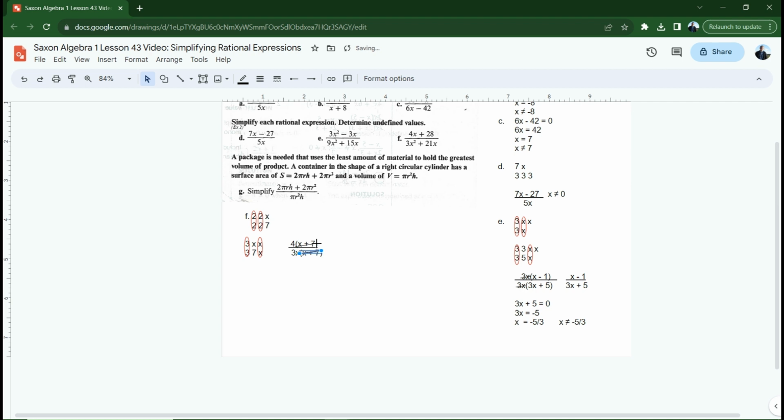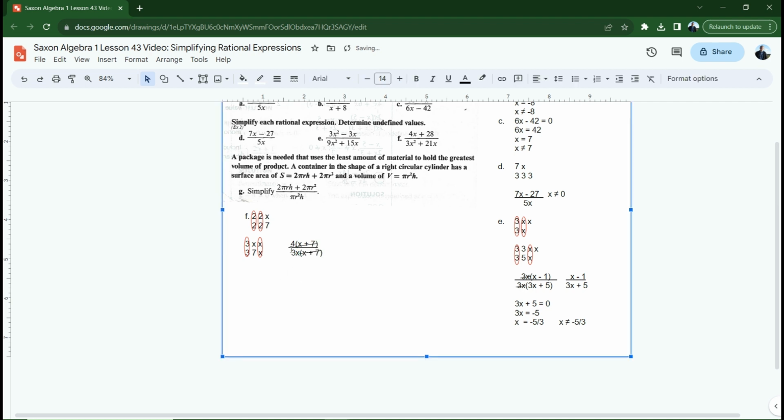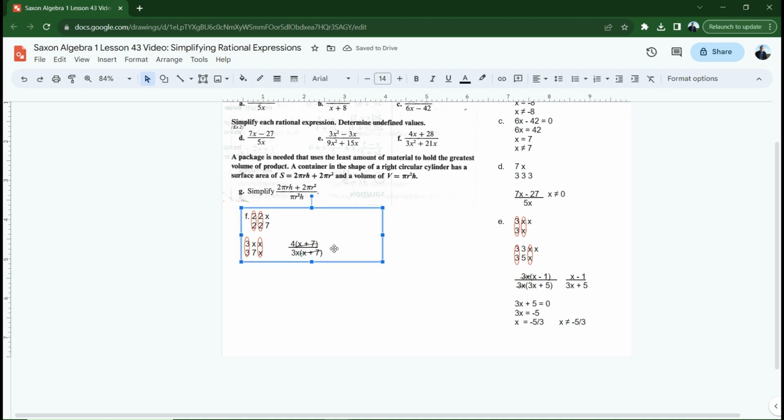And this is one of those where I was talking about where something pretty complicated turns into something pretty simple. Because in the end, what am I going to be left with here? 4 over 3x. That's it. That's my new fraction once I've simplified it here. So let me just get a fraction bar in here. 4 over 3x is my answer for letter F.